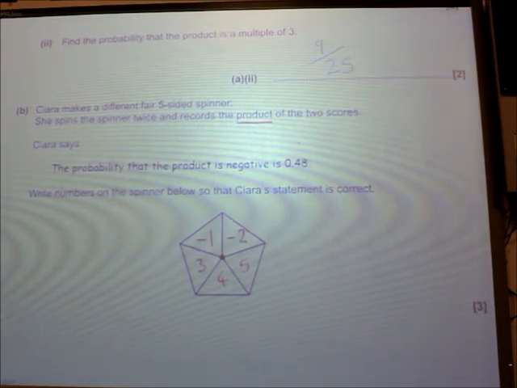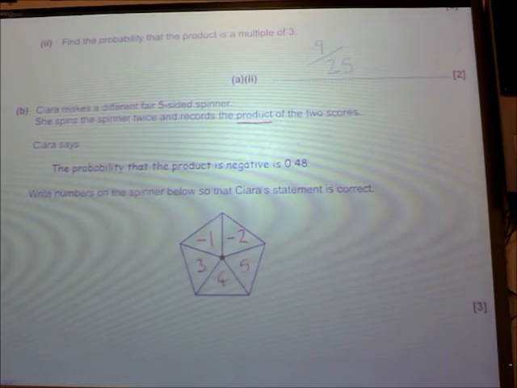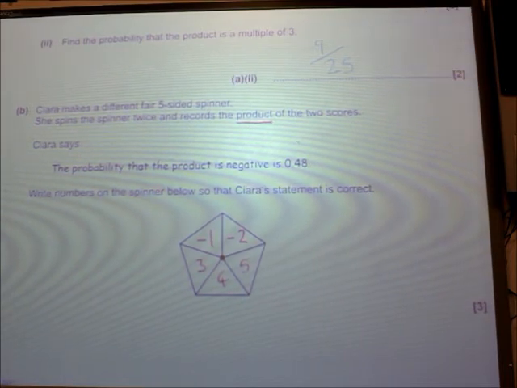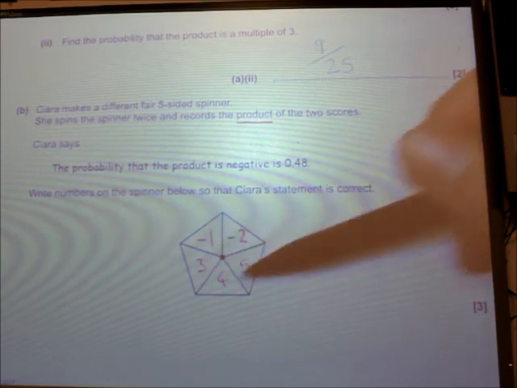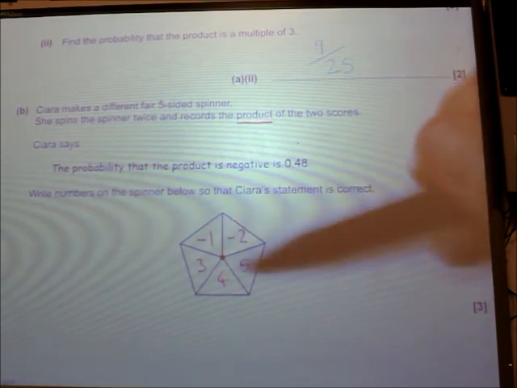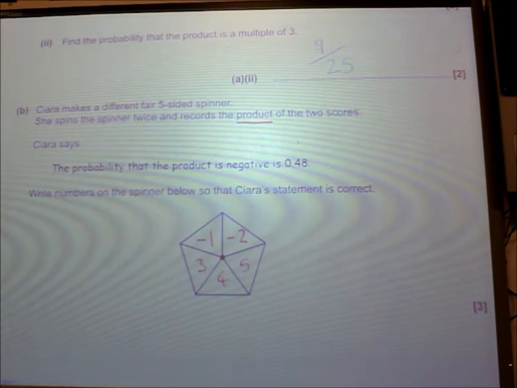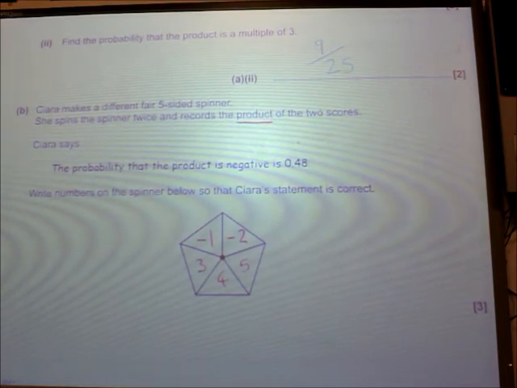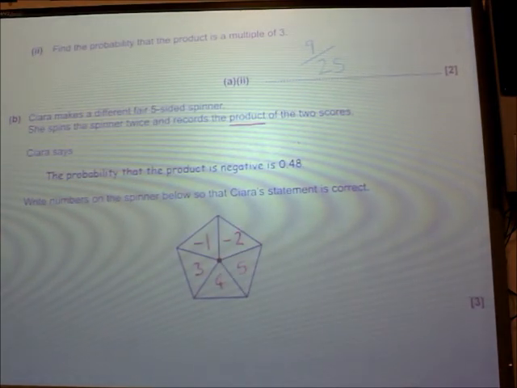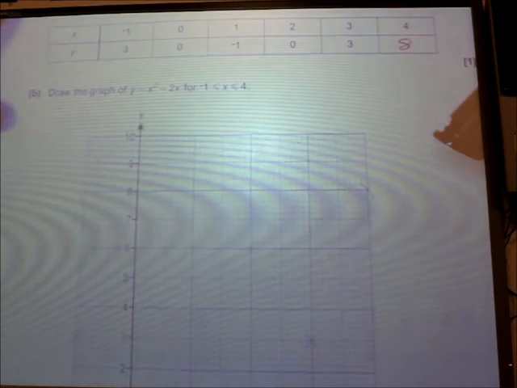In order to work this out at the end, it's a little bit fiddly and it does take a bit of time, but the answer is you either need 2 negatives and 3 positives, or you need 3 negatives and 2 positives. It doesn't matter which way round you go, but you must have 3 of one and 2 of the other. Bit of a nasty one, that. If you're not sure about it, don't worry too much about it. Next one, question 21.